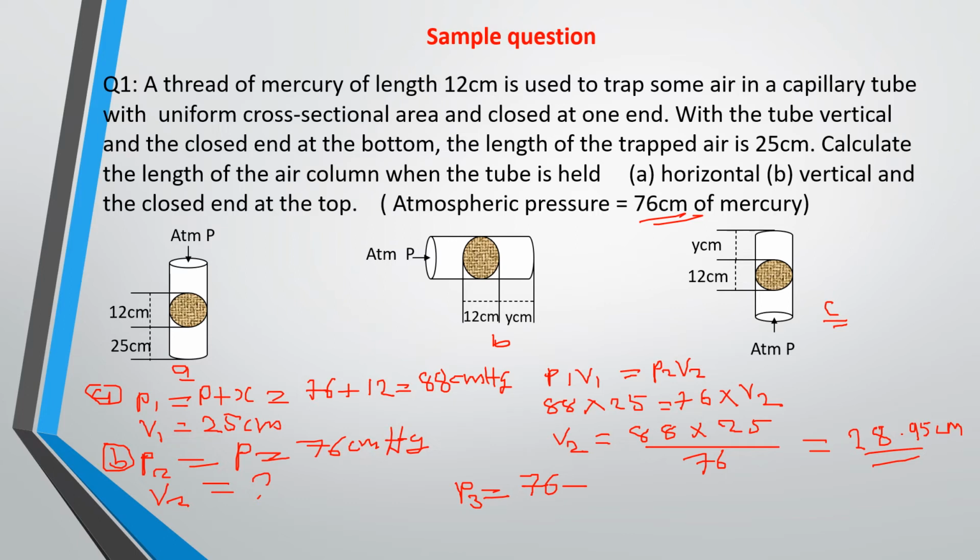So that would be 76 minus 12, which will give us 64 centimeters of mercury. So this will be your P3. Then your V3 is what you are looking for. That's what you don't know.